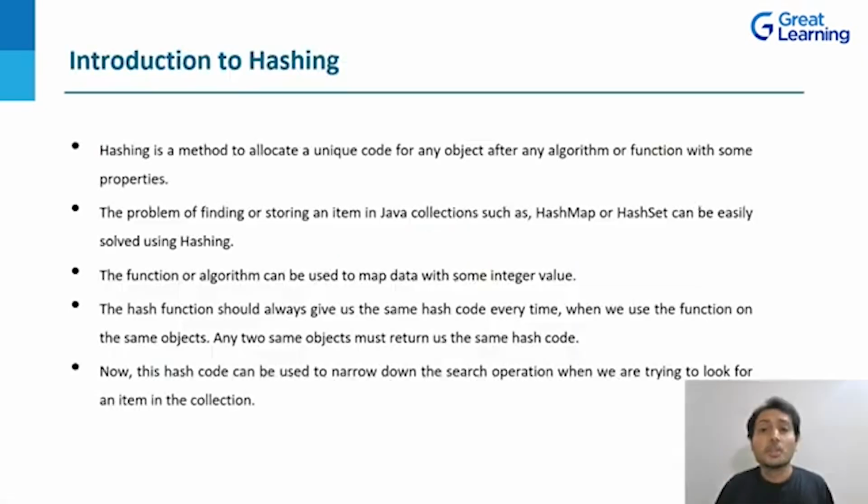All right. So first of all, what is this hashing? You can say hashing is nothing but a code. Say for example, you have your name, and if you want to convert this name to some code, let me say I'm going to hash your name.